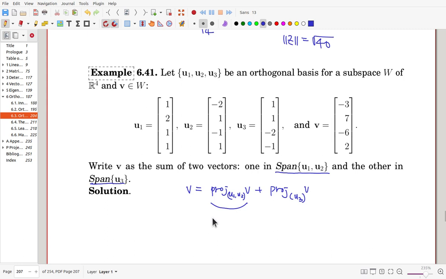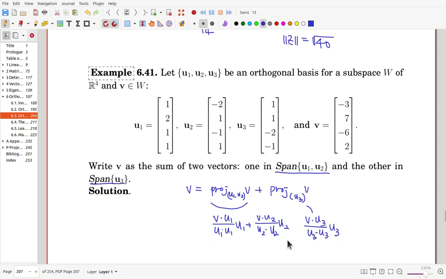Okay, that is V dot u1 over u1 dot u1 times u1, plus V dot u2 over u2 dot u2 times u2, and this one must be here V dot u3 over u3 dot u3 times u3.